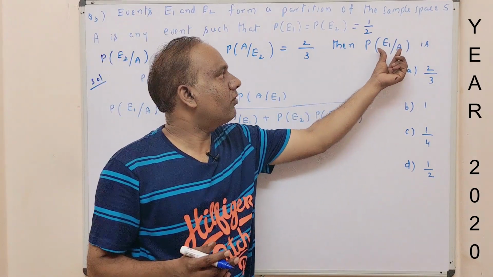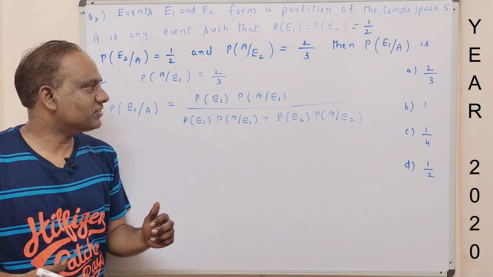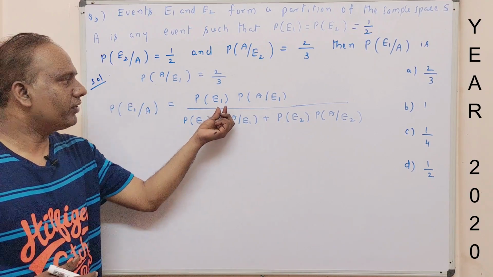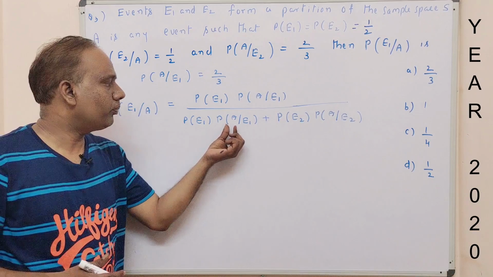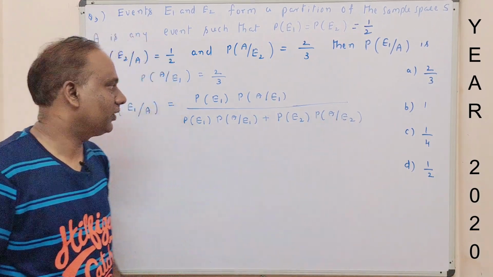Now we calculate P of E1 given A. That value we need to calculate. It is the Bayes theorem. So this formula is P of E1 given A is equal to P of E1 into P of A by E1 divided by P of E1 into P of A by E1 plus P of E2 into P of A by E2.